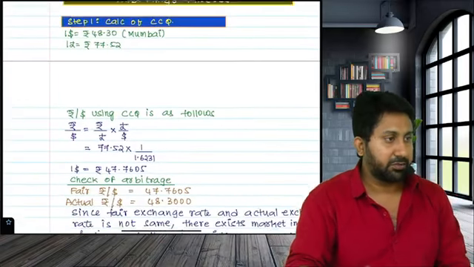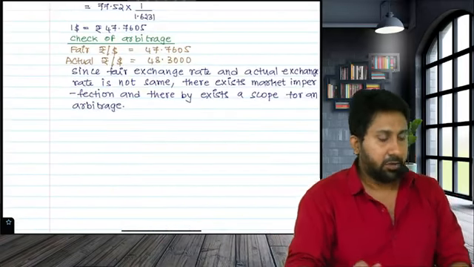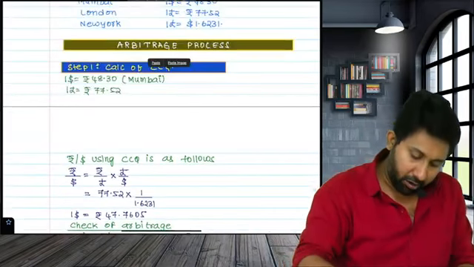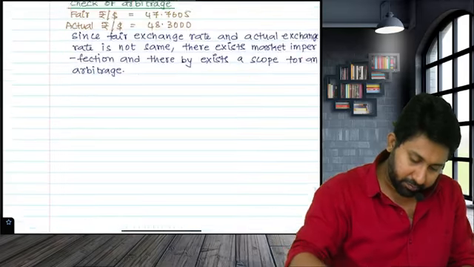So arbitrage is there, some gain we can make. How we make it is the next part.